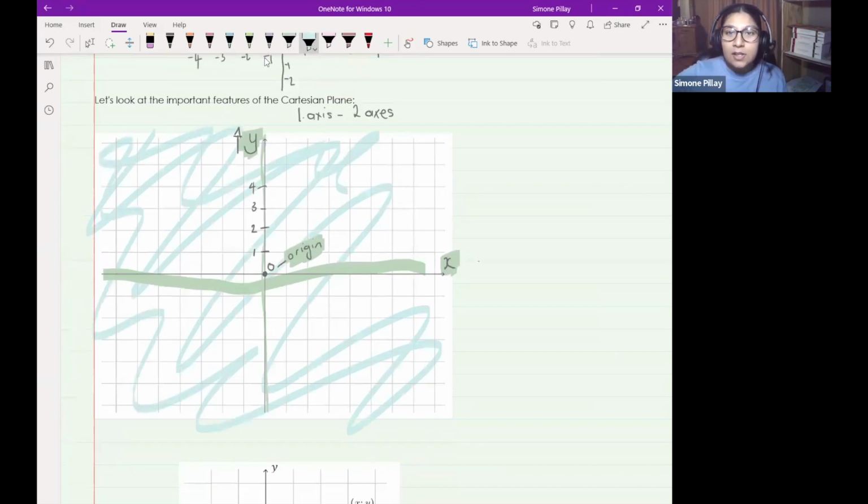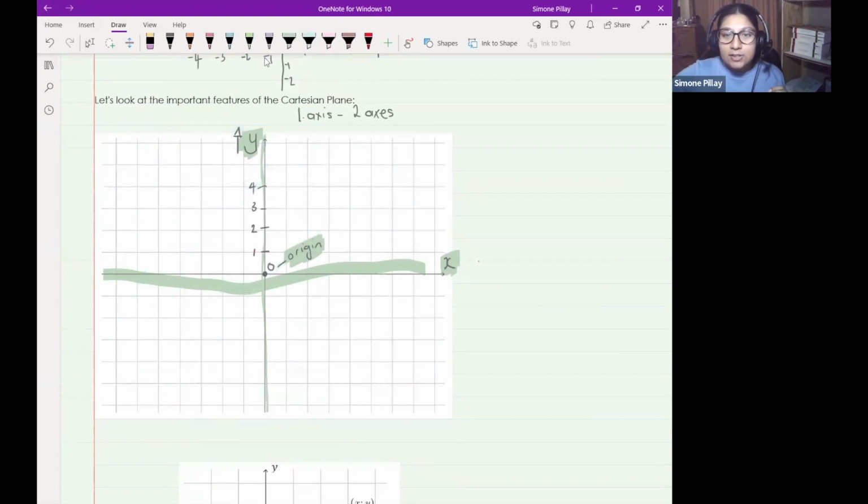So all of this is called the Cartesian plane, the whole thing. It's not just the axes. It's not just the space around it. All of it makes up the Cartesian plane. And so, Alia, I hope that answers your question. If it doesn't, you can let me know either in the chat or raise your hand. I think that would be better to talk about it.